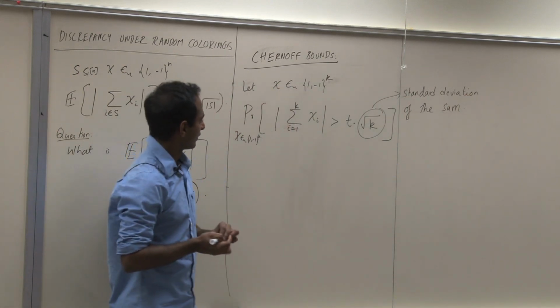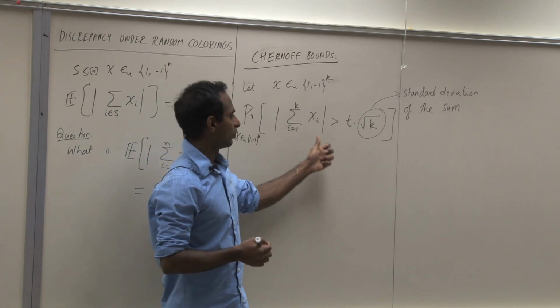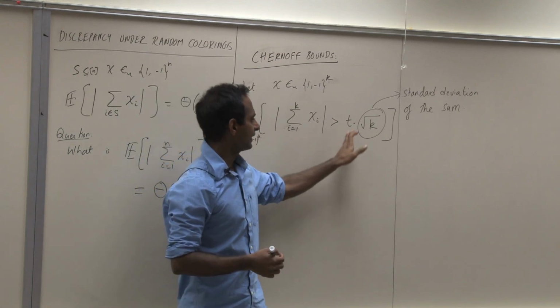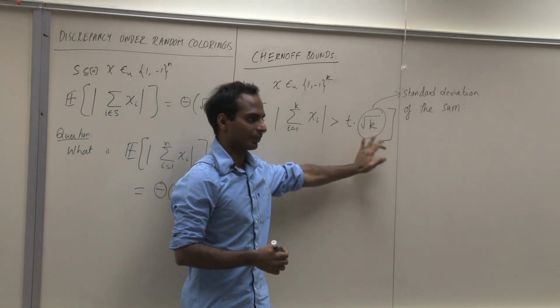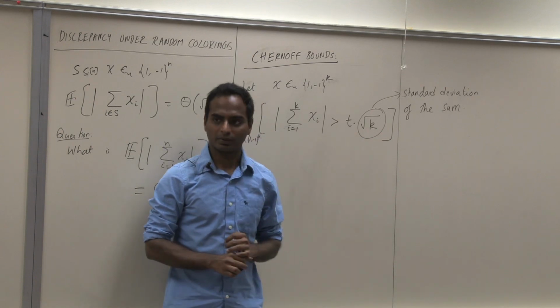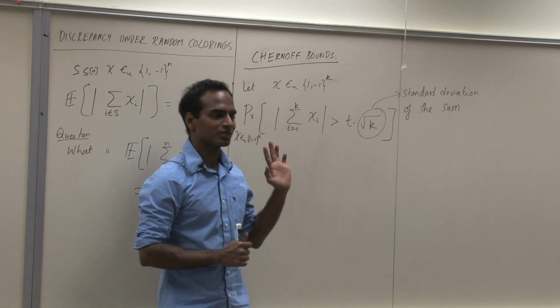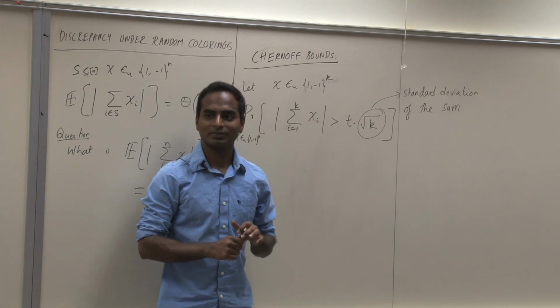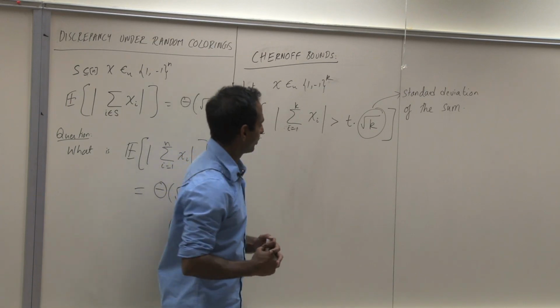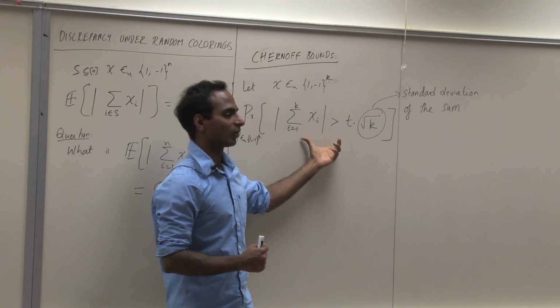Okay. So what I want to bound is the probability that the sum is t standard deviations away. Okay. And how many of you have seen Markov's inequality before? Okay, so that's a lot more people. So what happens if I apply Markov's inequality to this sum?